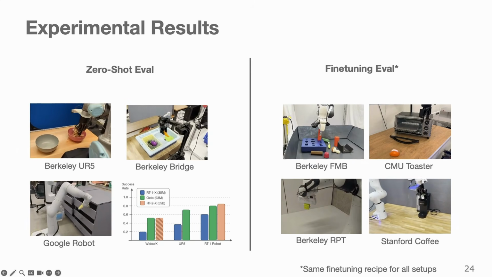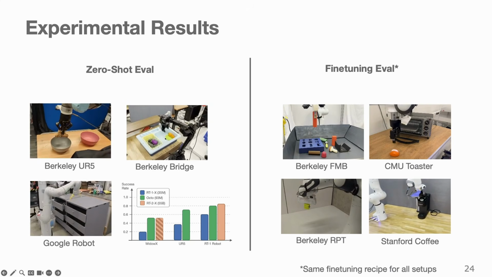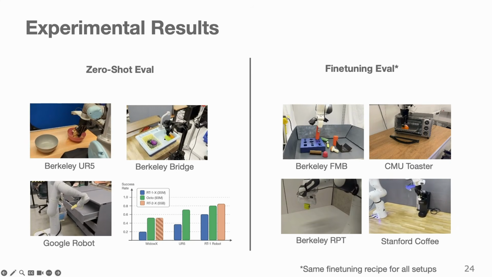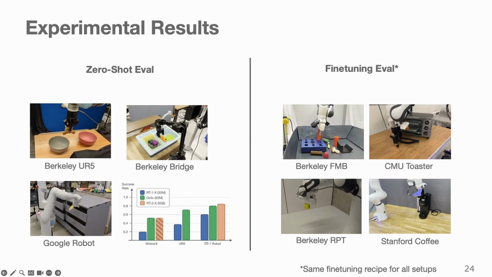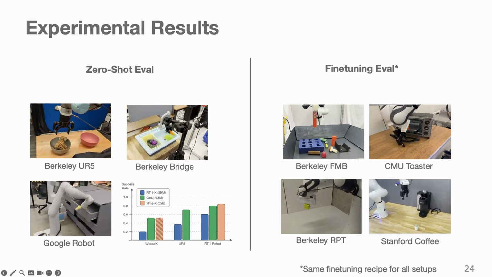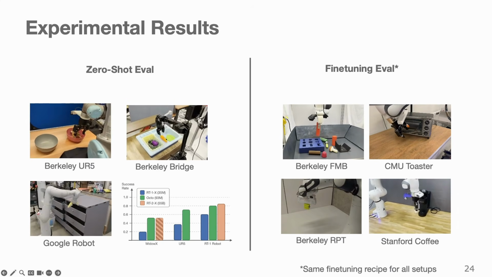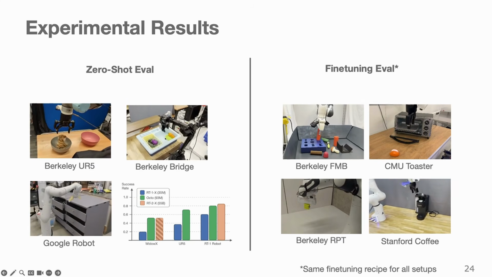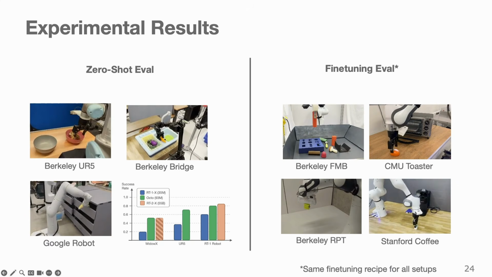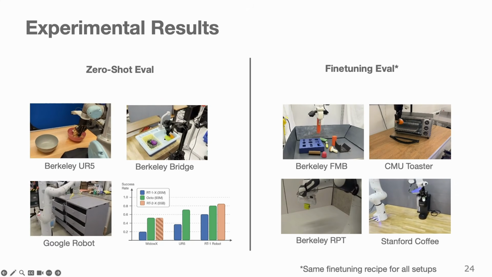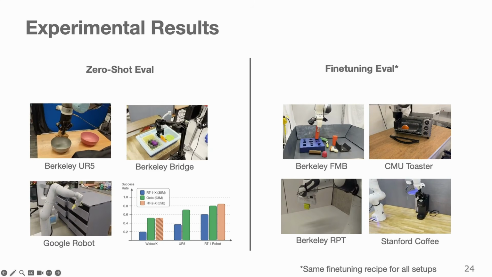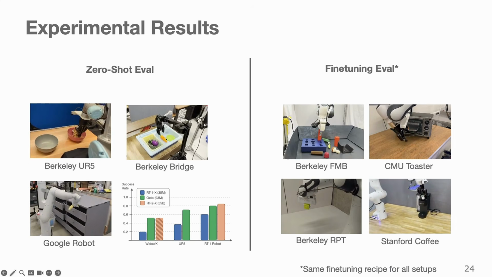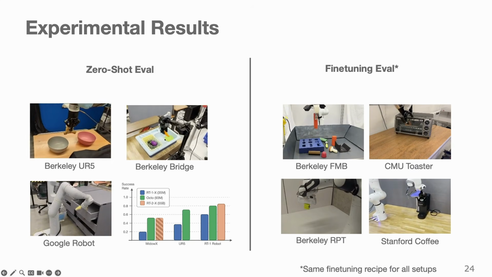I won't go too much into the results, but in general, we found that Octo could control multiple robot embodiments out of the box, and also outperformed previous models from Google trained on similar data, particularly the RT1X model that was trained for the OpenX embodiment project. It outperformed this model, and it also matched the RT2X, which was a much larger 55 billion parameter closed source VLA model from Google, which was kind of like the first VLA.